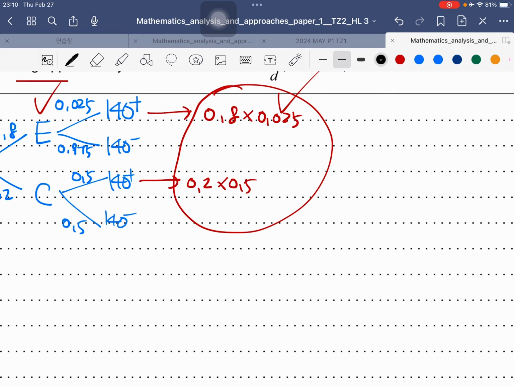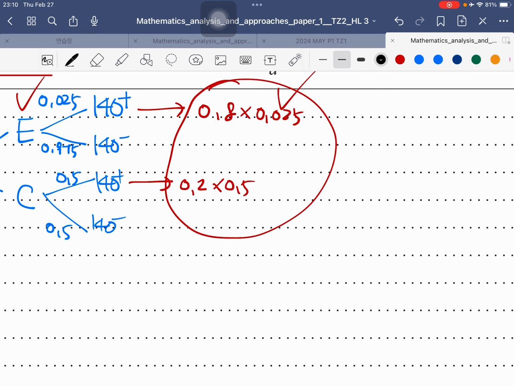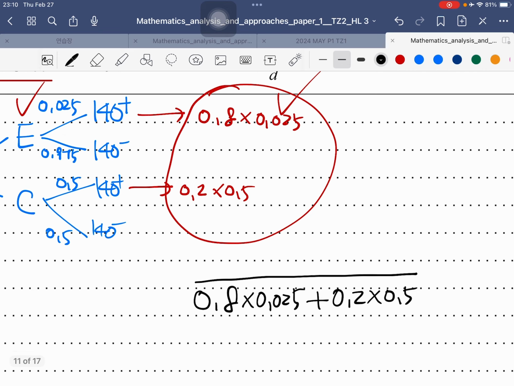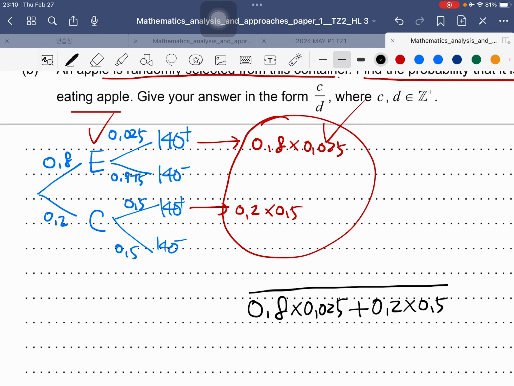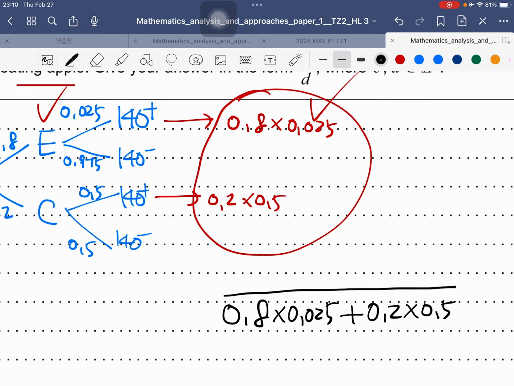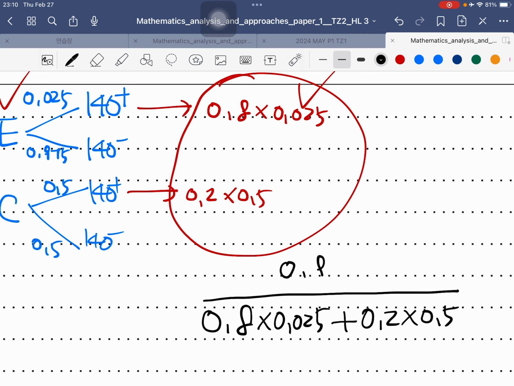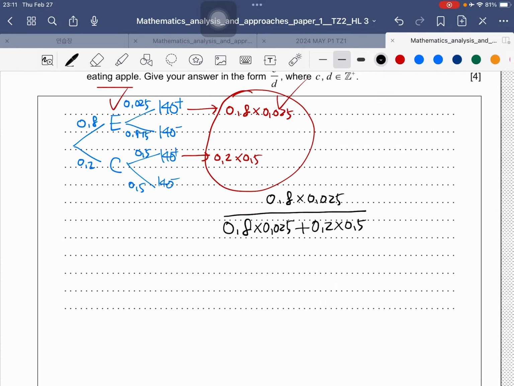All we can do is add these two numbers, 0.8 times 0.025 plus 0.2 times 0.5, as the bottom line. What is given, and then find the probability that it is an eating apple, which is 0.8 times 0.025. We have to calculate this.